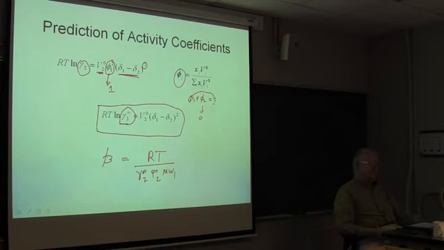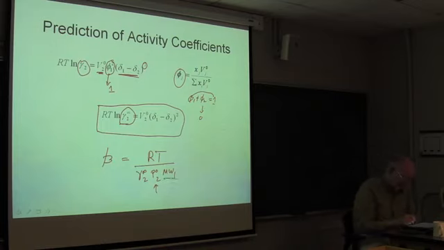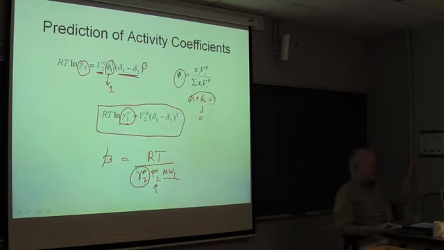That's a property of the pure solute. It's just the vapor pressure of the pure solute at the column temperature. That's the molecular weight of the stationary phase. Has nothing to do with the solute whatsoever. That's the infinite dilution activity coefficient of the solute.